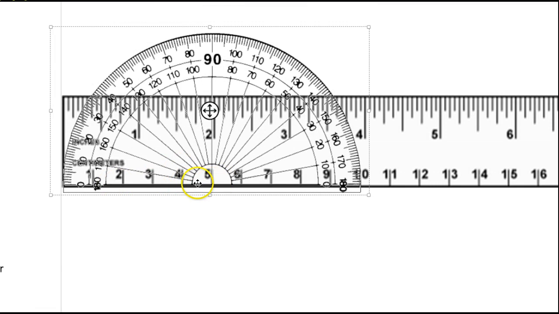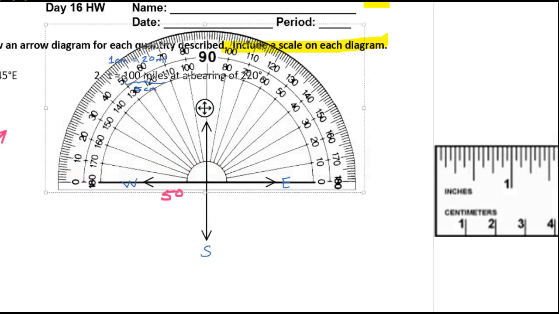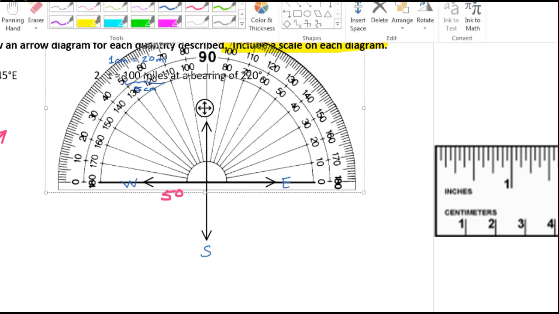So right now you can see that the radius of my protractor is 5 centimeters. Now as I drag my protractor over, it's sitting here in the first and second quadrant. I need it down here in the third and fourth quadrant, so of course I can just rotate it.